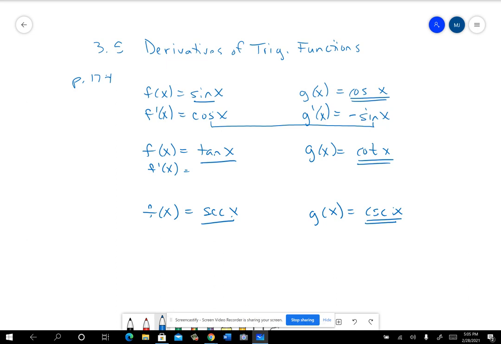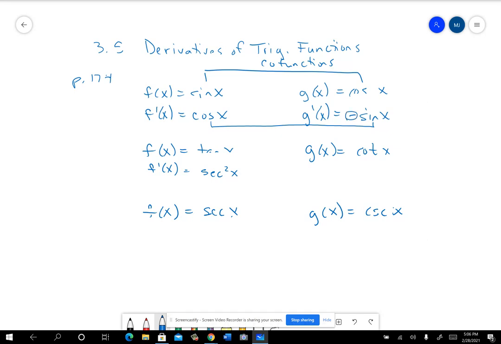The derivative of tangent, I'm not proving them right now, is secant squared x. I'm not saying it's divided by, so let me get that line out of there so you're not thinking that. I just wanted you to observe that on the left side versus the right side, these are cofunctions, and the derivatives are cofunctions just with a negative in front on that side.